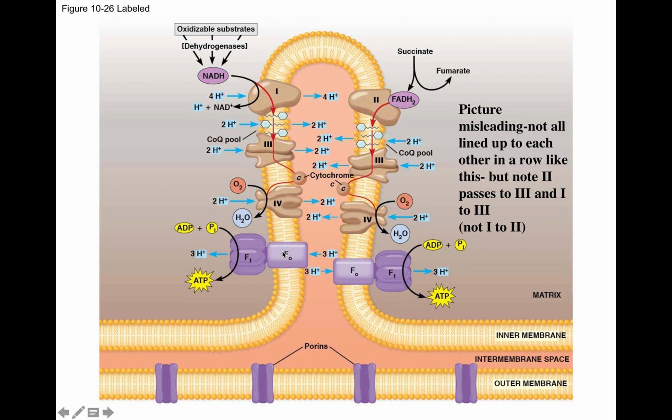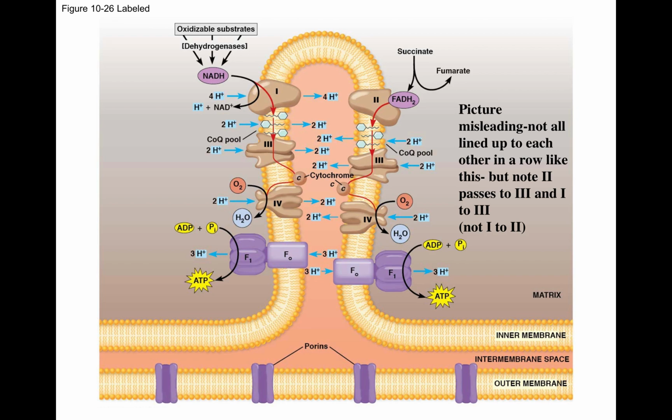They move through the FO complex, bind to that C subunit, which causes conformational change in the gamma subunit, which is the cam, which is going to rotate around and cause the beta subunits of F1 to go through the three conformations open, loose, tight to make ATP.